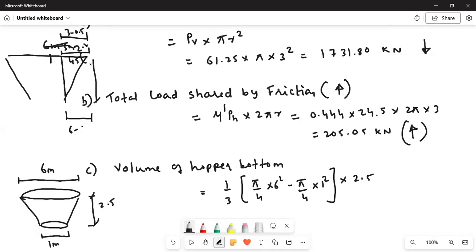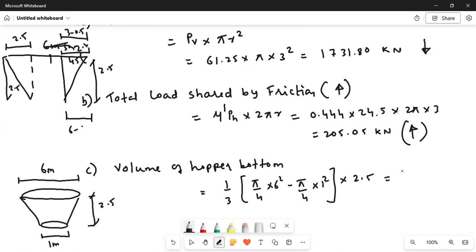The vertical distance will also be 2.5 because the angle is 45 degree. When the angle is 45 degree, the horizontal distance and the vertical distance remain the same. This is simple geometry.